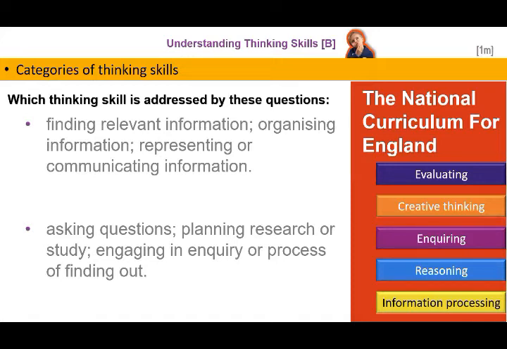So what is the skill? Creative thinking? Reasoning? Inquiring. Yes, Miss Amani, inquiring. Inquiring means ask. That's right. Okay, the second.